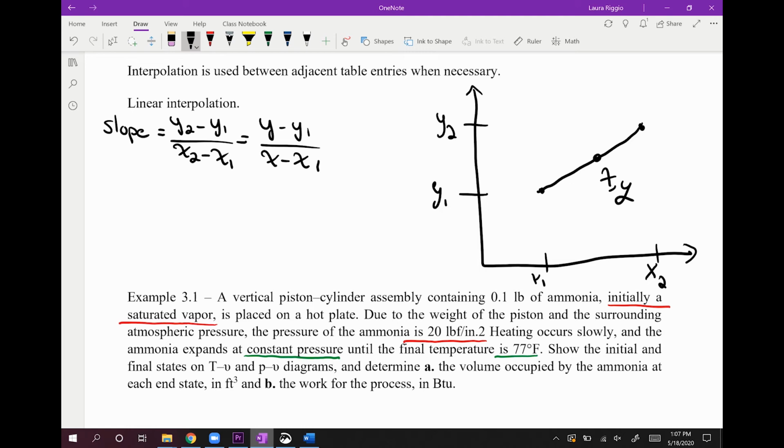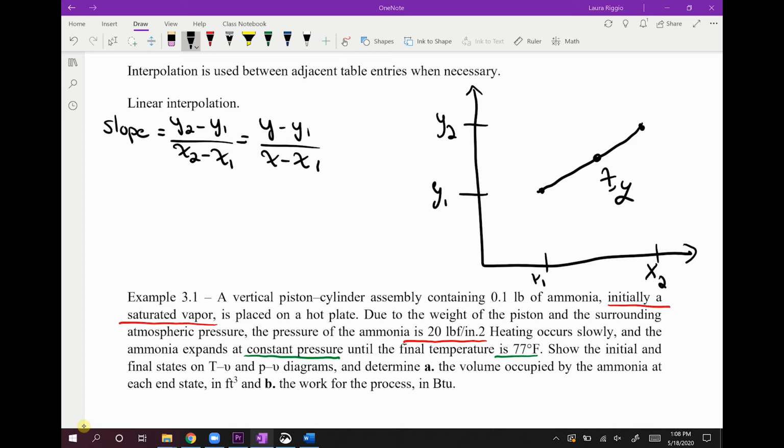For example, if I was looking at 10 bar and I wanted a temperature of 215 degrees Celsius, I'd find that 215 degrees Celsius doesn't exist, but I do have entries for 200 and 240.